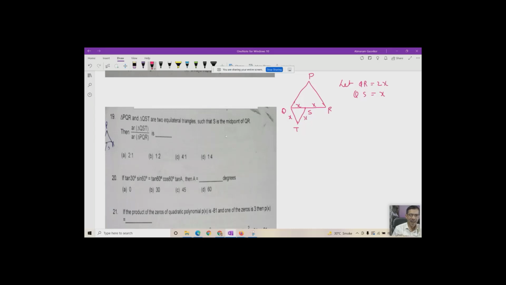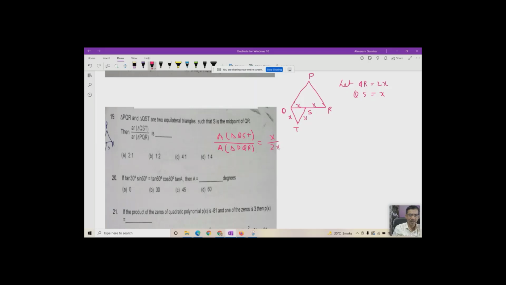So area of triangle QST, and QST is the smaller triangle, divided by area of triangle PQR, which is the bigger triangle, and their corresponding sides. For QST the side is x, and for PQR the corresponding side is 2x.